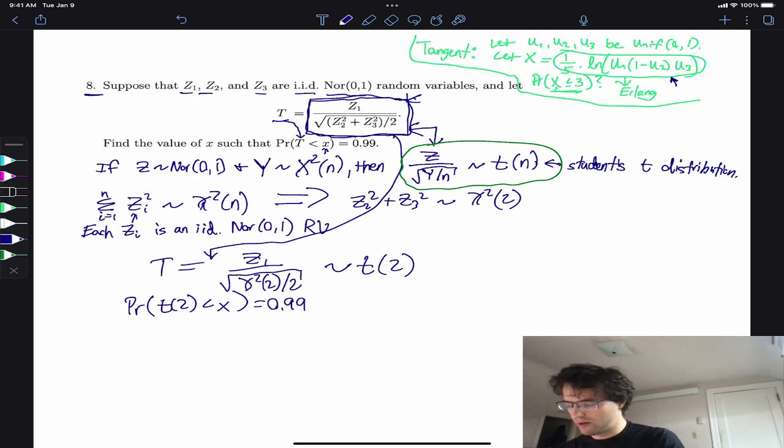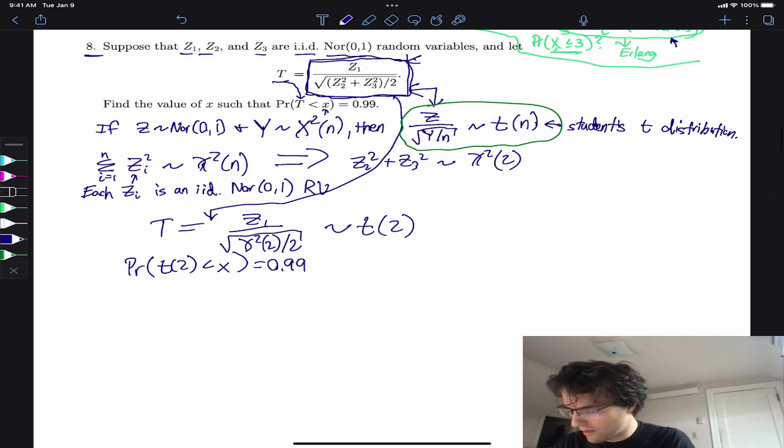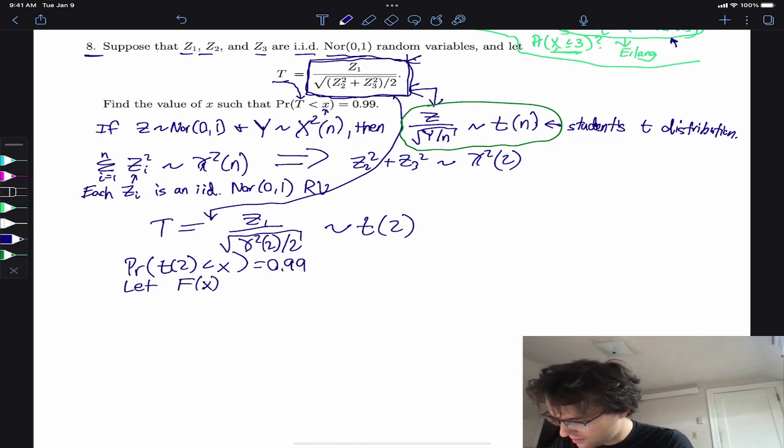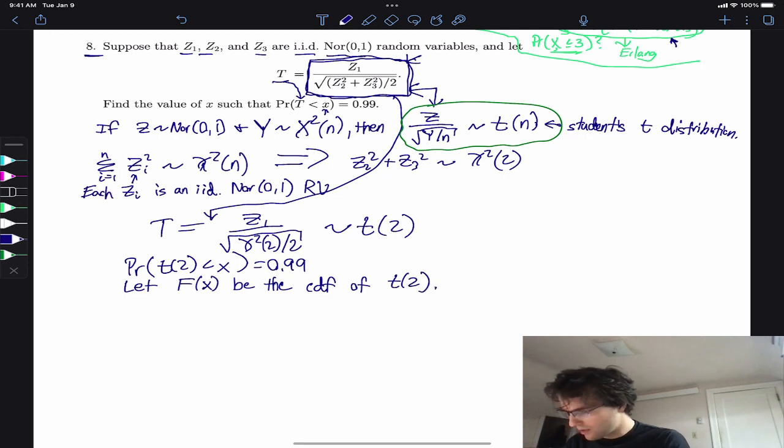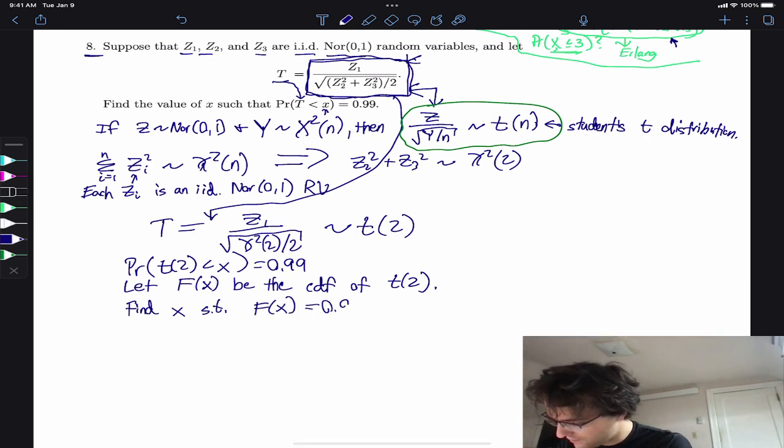This is another way of saying: let F of x be the CDF of the t distribution, and we want to find x such that F of x equals 0.99.